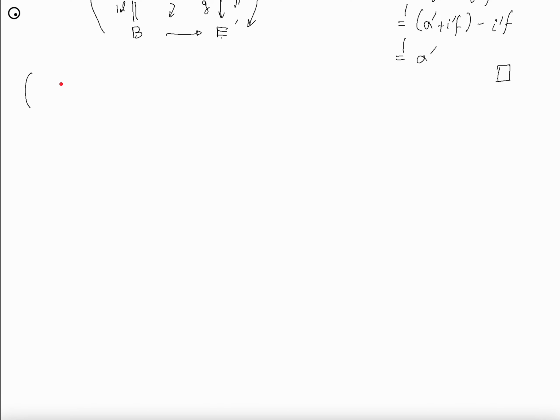So we're only left to check that C theta equals identity over extensions of A by B. This is the only thing left to check.